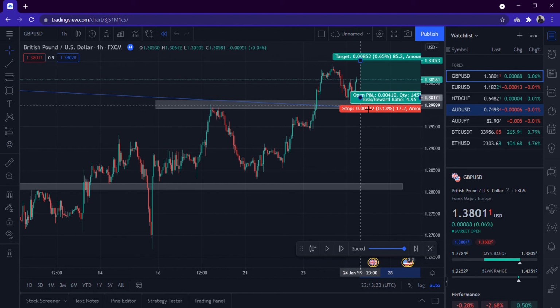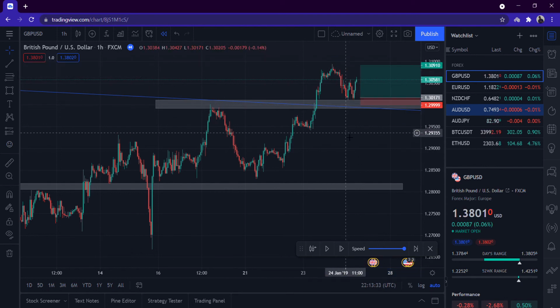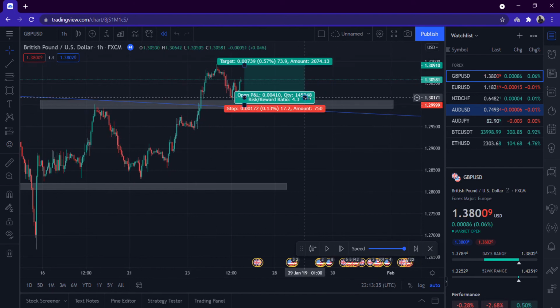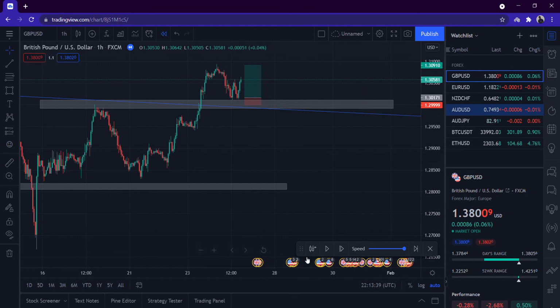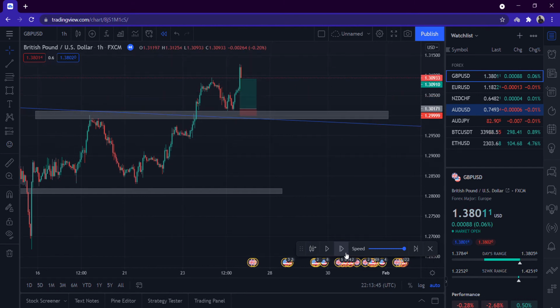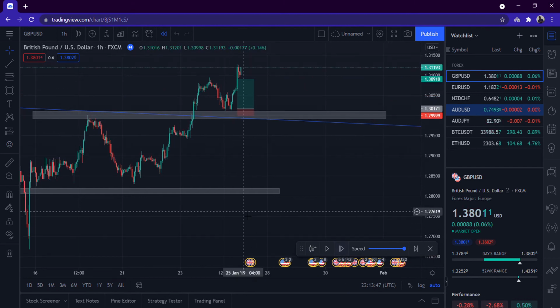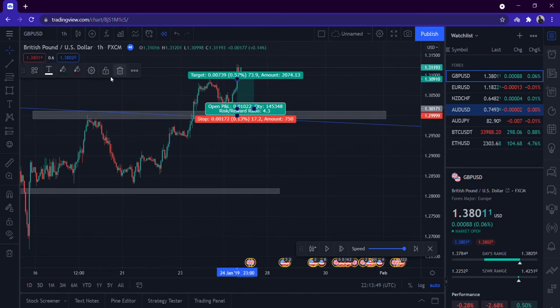I can place a 10 pip stop loss. I use 15 pips, it's alright. And 73, 74 pips as my take profit. This is a 4 risk reward trade. In case it is able to come back to this level, that would be great. If it doesn't, that's fine. There are more opportunities in the market.